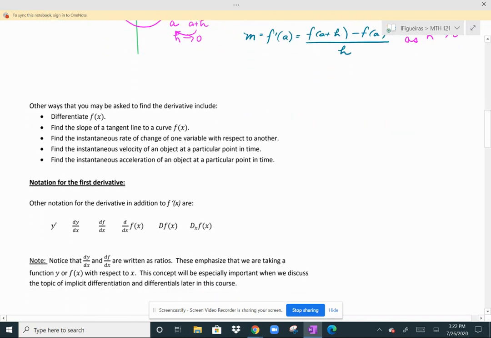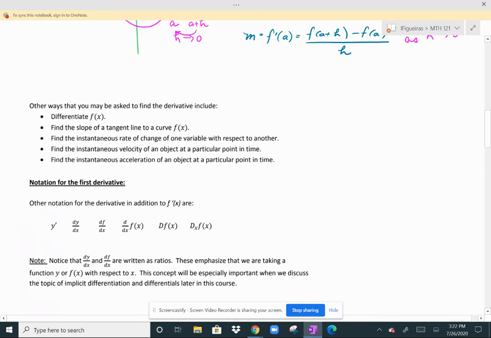Okay, so here's a bunch of notation, and these notations really depended on which mathematicians were coming up with this. There was Newton and Euler and Lagrange all coming up with different concepts regarding derivatives, and they used different notations. So y prime represents a derivative just like f prime did above.